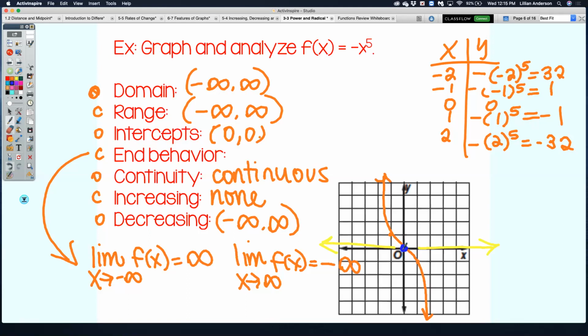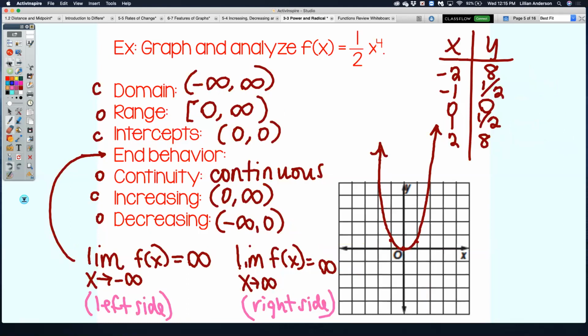Since it crosses at the origin, our x and y intercepts are the same. It's (0, 0). Same thing with this function. It crosses the x and y intercept at the same point, so it is (0, 0). So pretty much we're just looking for the point or points where it crosses either one of those axes. Okay, thank you. You're welcome.